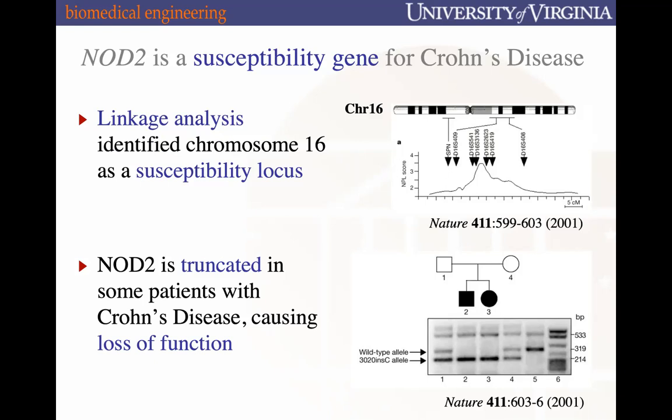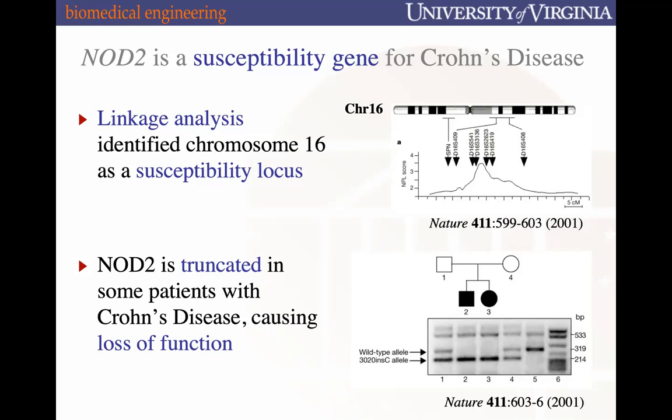And what they were able to identify is that in chromosome 16, there's what's called a susceptibility locus. Locus means a site in the DNA or a site in our genome. And that site had an elevated linkage or an elevated association with Crohn's disease. So this group published in Nature 21 years ago that in chromosome 16, there is a locus that is associated with Crohn's disease.